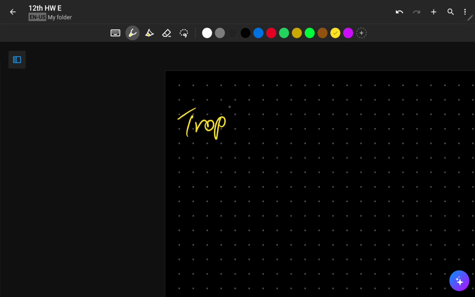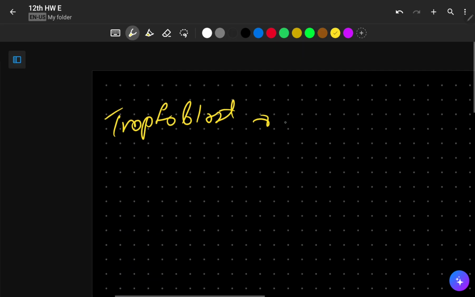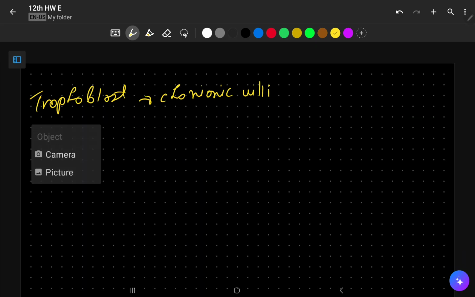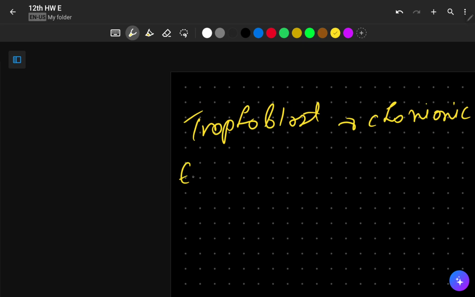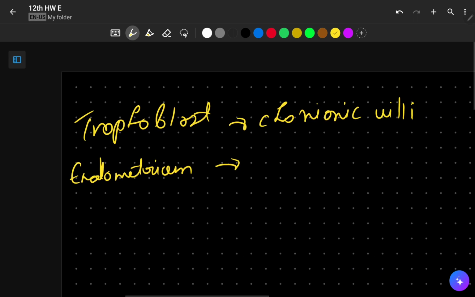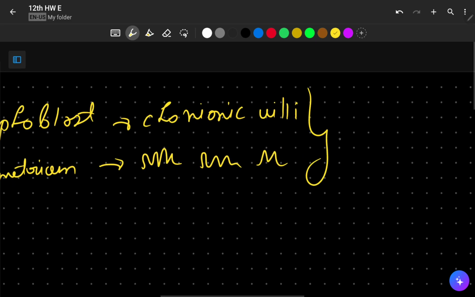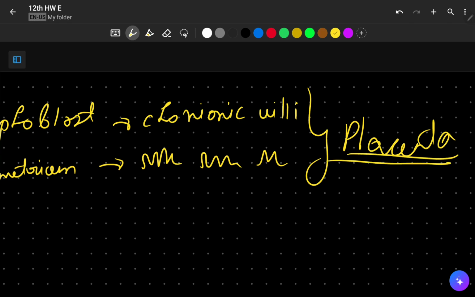Here the trophoblast forms the chorionic villi, which are the finger-like projections, whereas the endometrium also forms finger-like projections like these, and then they join together to form the placenta, which will be the connecting link between the baby and the mother.